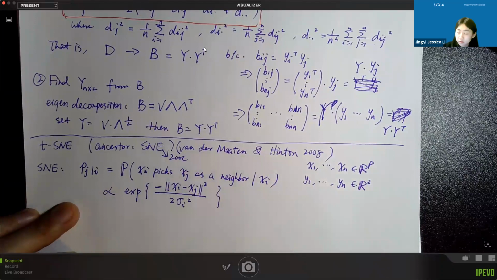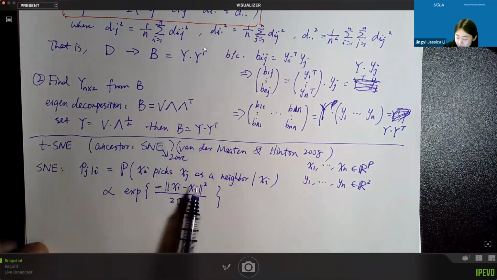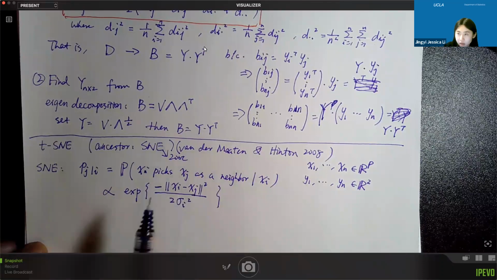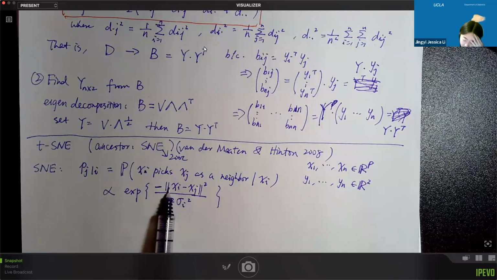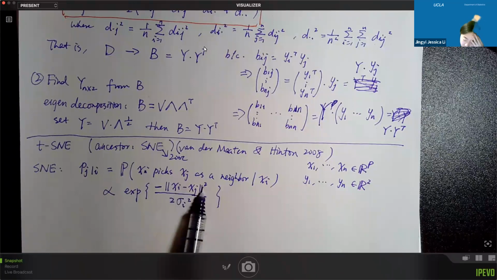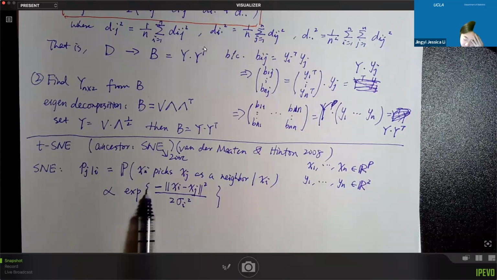So sigma i squared is some variance parameter we are going to define for point i. In other words, we assume that the distance between i and j, or between i and any data points, follows a Gaussian distribution, and we just use this Gaussian density to convert a pairwise Euclidean distance from i to any point j in the p-dimensional space into a Gaussian density.